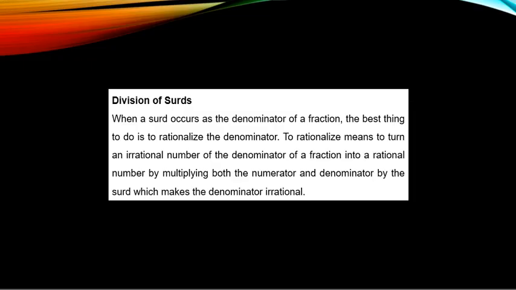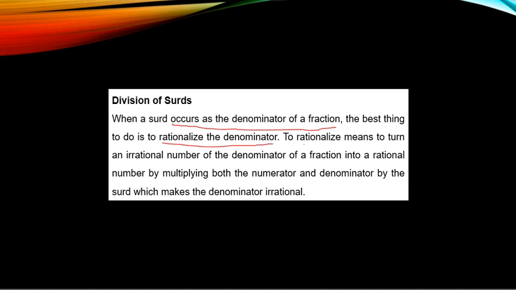So the first part of this lesson is division of surds. When a surd occurs as the denominator of a fraction, the best thing to do is to rationalize the denominator.